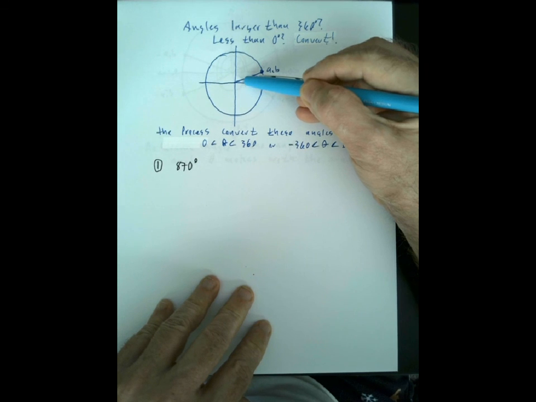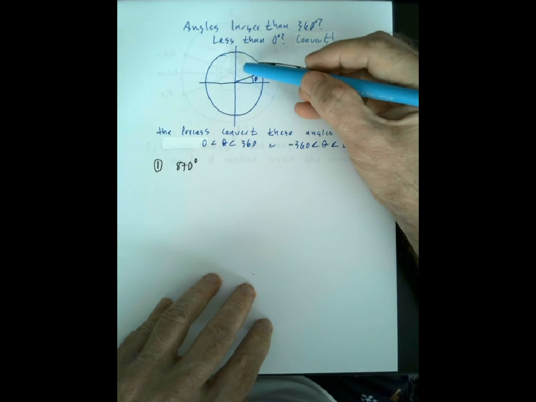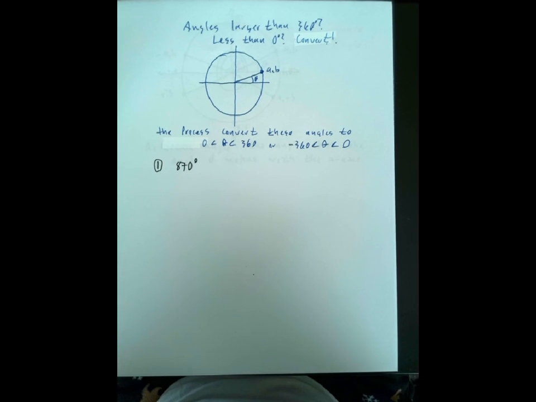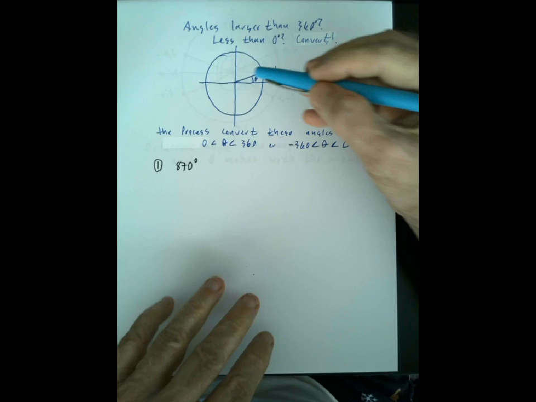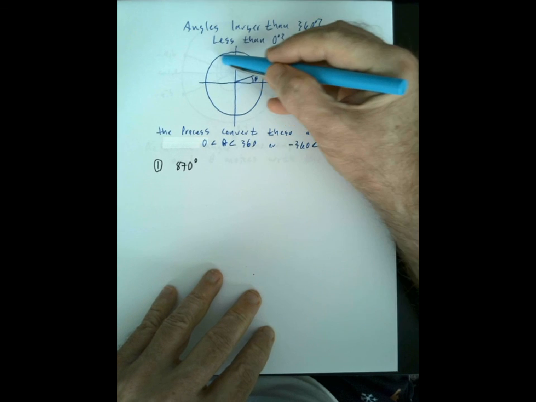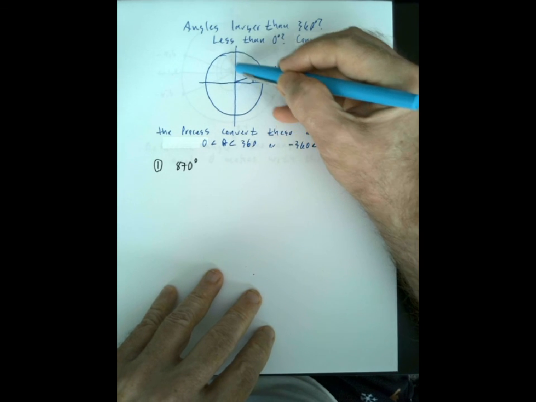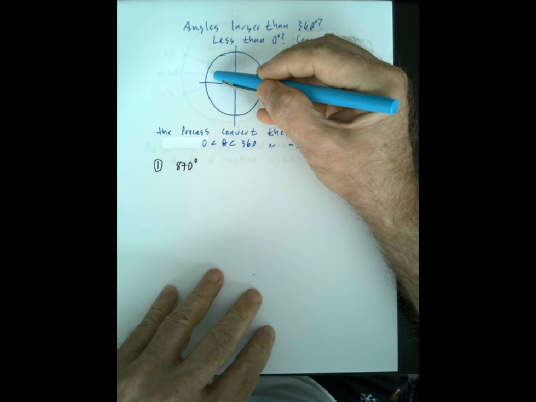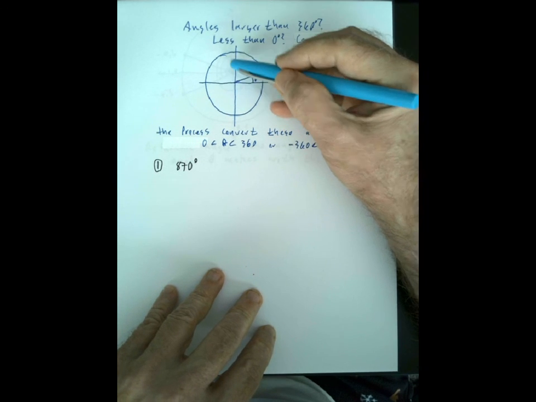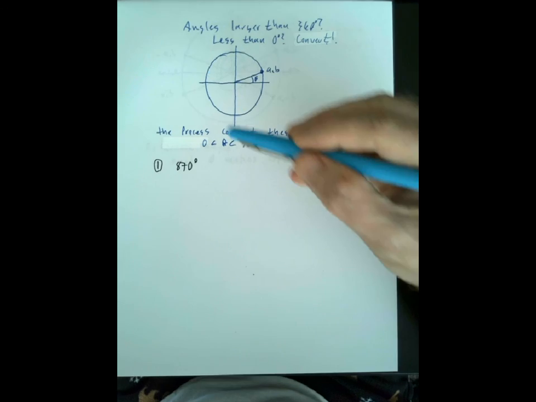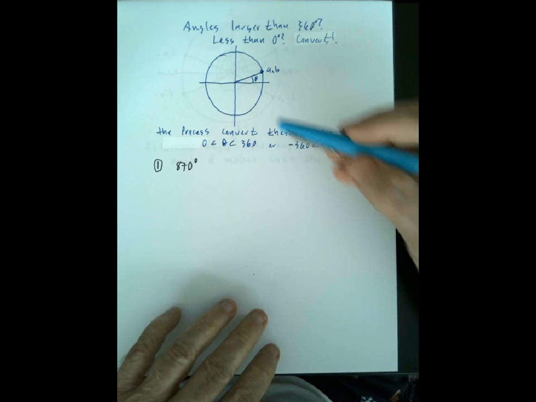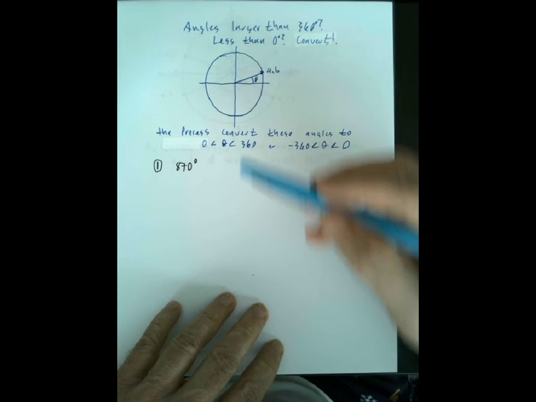We'd keep going until we get to 870. From 720 up to 870 is less than a 360 degree rotation, so it lies somewhere in that rotation.